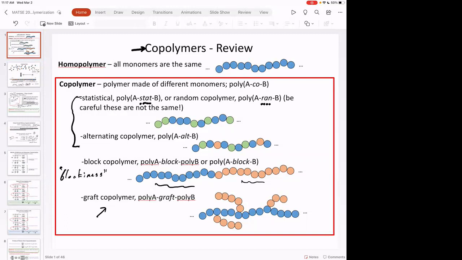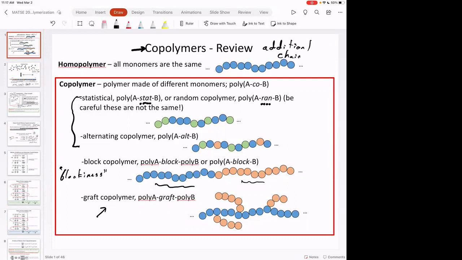Okay, so we're going to talk about copolymers probably for 2 or 3 more days. And so the copolymers we're talking about in this section are really all going to be addition copolymers. So this is addition or chain growth. We can make step growth copolymers.